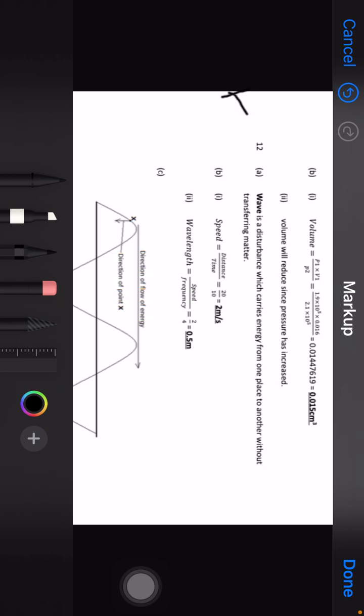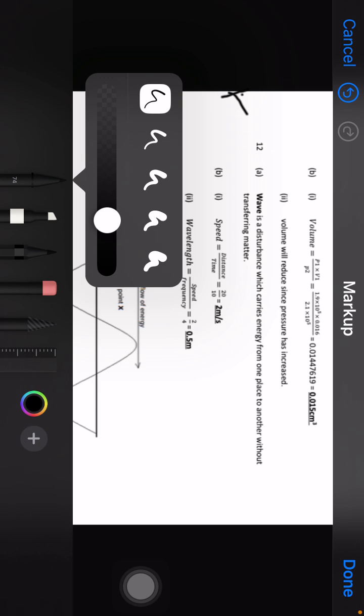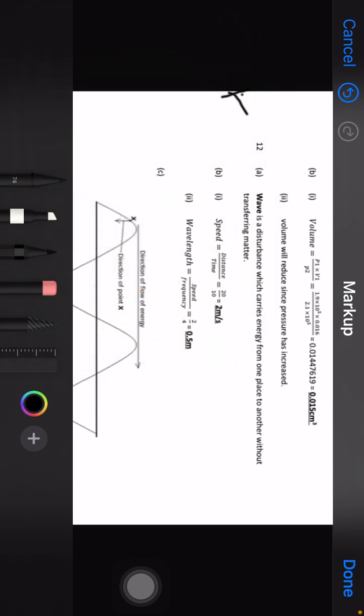The speed of the wave, v. Simply say v is equal to, okay, my drawings don't work, so I'll try using a different pen.